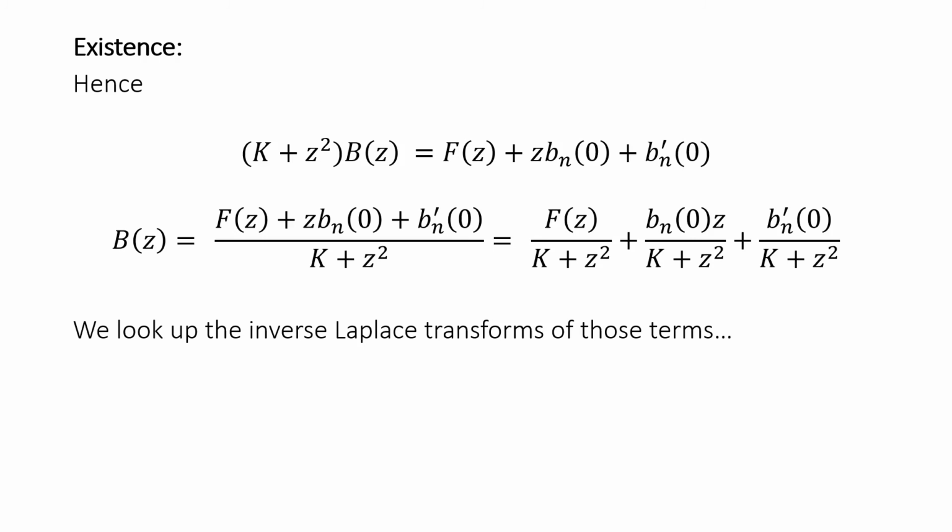We have F(z) divided by K plus z², plus bn(0) times z divided by K plus z², plus bn'(0) divided by K plus z². We treat each of those terms separately.